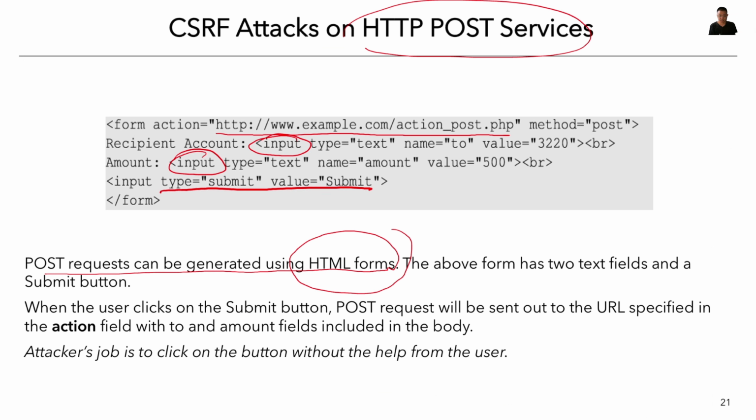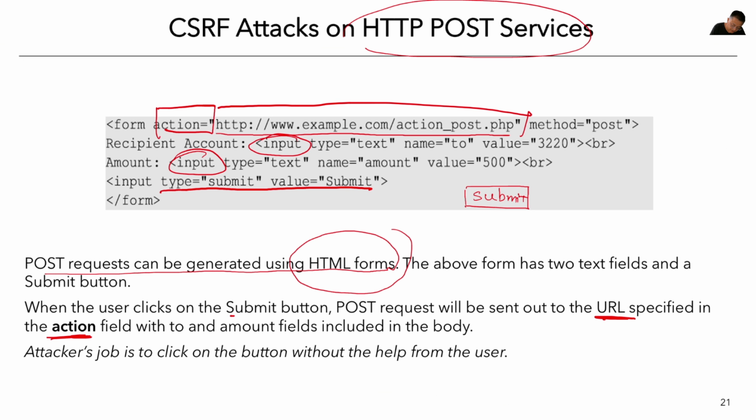So here, if you look at the generated web page, right? So it will create a button, say submit. Okay. When the user clicks on the submit button, the POST request will be sent to the URL specified in the action field. This will be the URL the browser will send when you click the submit button. Okay, so the attacker's job is to click on the button without the help of the user.